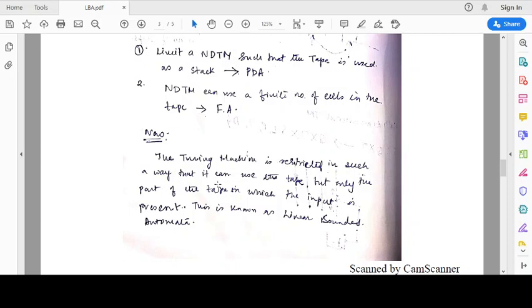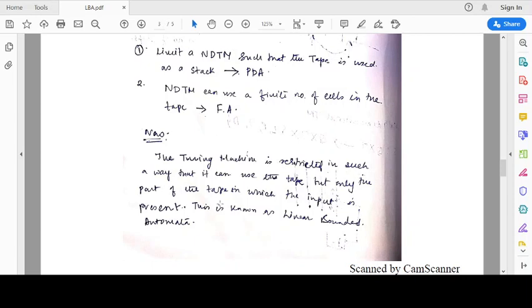Please, students, don't get confused with this second point where I had said that NDTM can use a finite number of cells. Here we are specifically or forcefully restricting the number of cells, and it acts as a finite automata. But for a linear bounded automata, it can change according to the size of the input, because what is written over here is it can only use the part of the tape in which the input is present, and this size of the input will obviously vary.